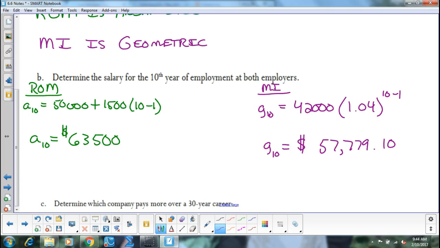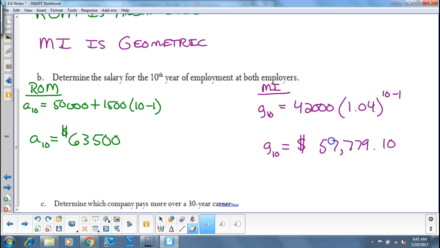Did I see? Oh, yep, I wrote 57. My bad. Still looks like a 5.